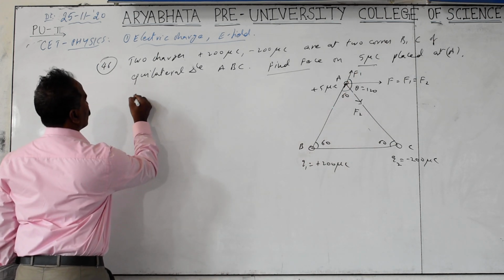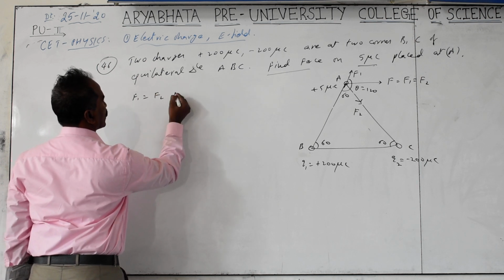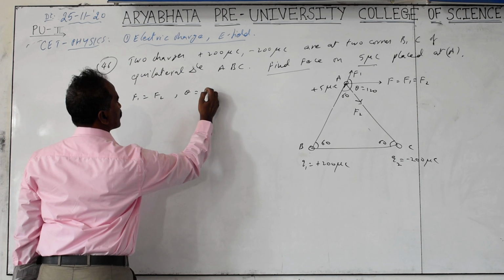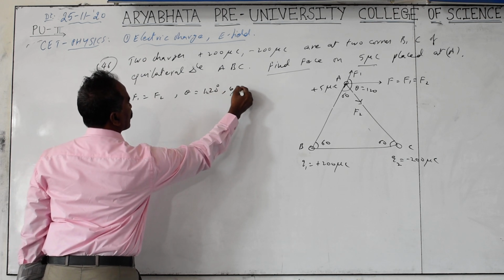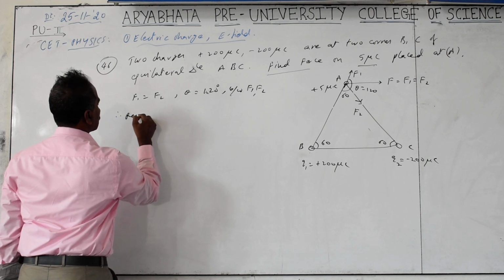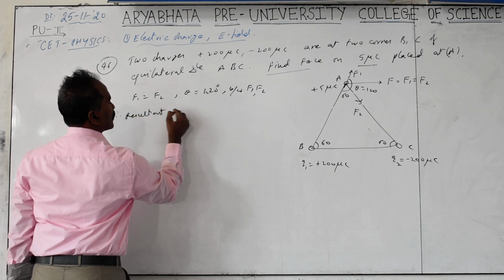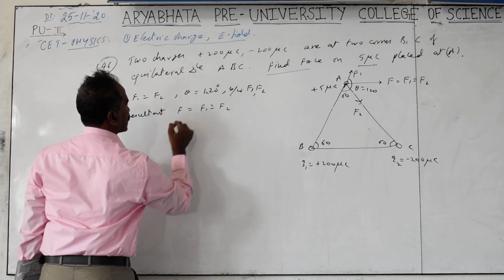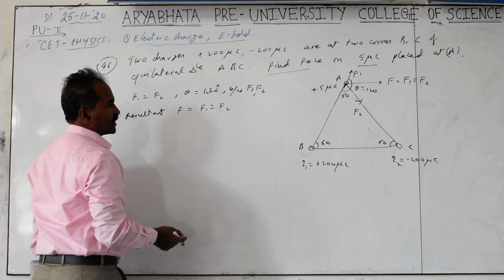Here F1 equals F2, and theta between F1 and F2 is 120 degrees. Therefore the resultant F is also equal to F1, which equals F2. Just any one force you have to find out. What is the distance given?